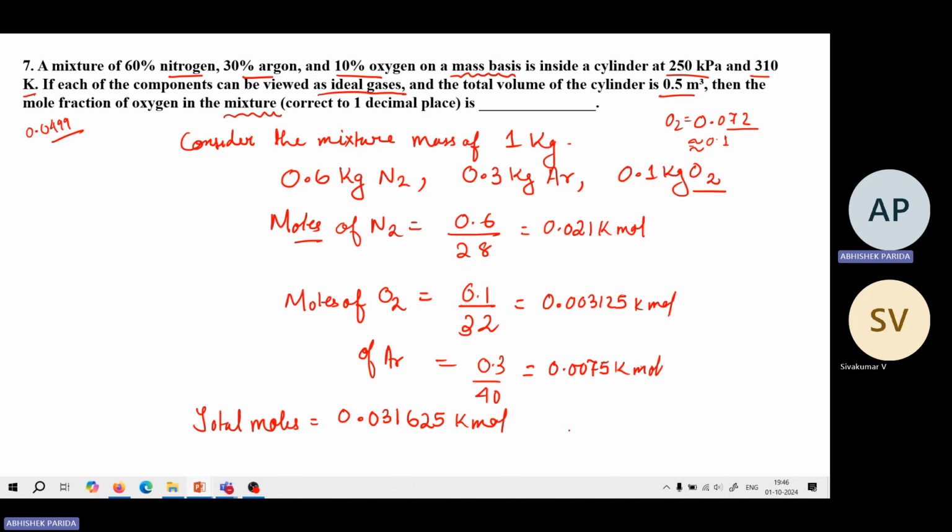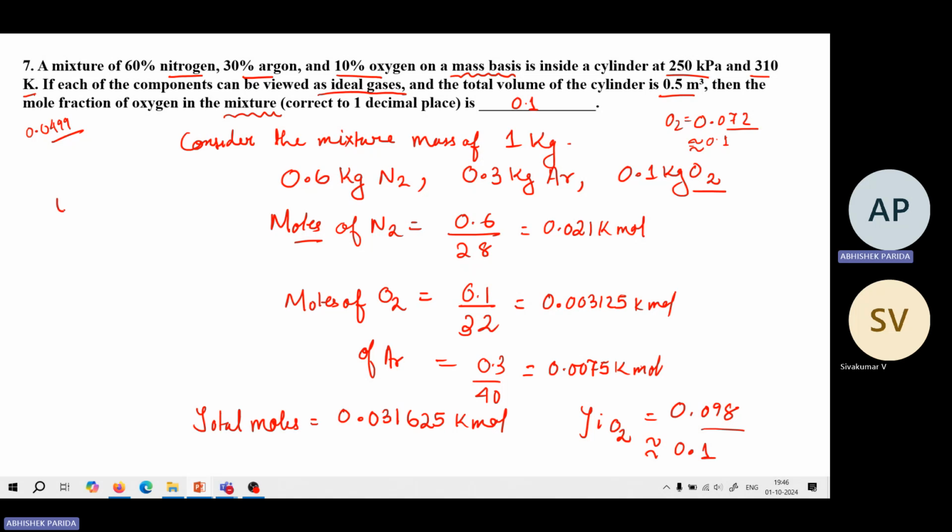Now, once you get the total kilomoles, it is asking the mole fraction of oxygen. So 0.003125 divided by 0.031625. I'm getting 0.098. Okay. Since you have to write in one decimal, it is 0.1.